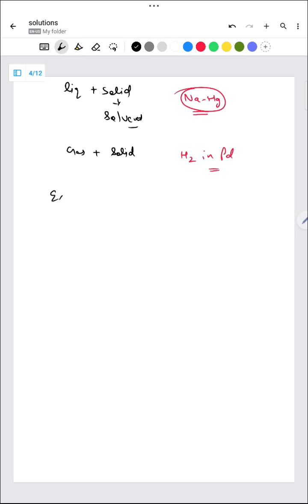So now we will discuss the expression of composition of solutions, and we can express the composition of solution in terms of concentrations. We have a few kinds of concentration terms that can express the composition quantitatively.